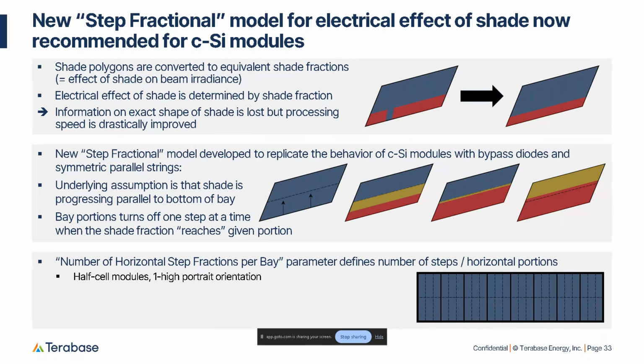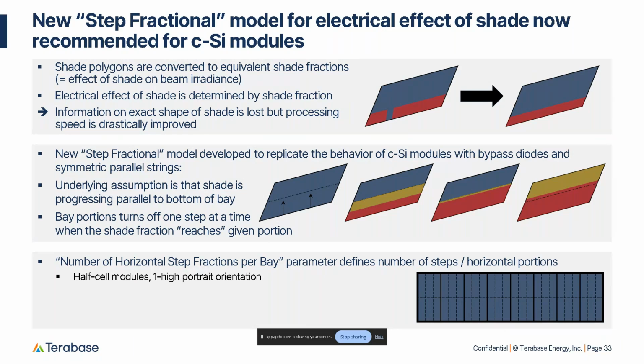And then this new model, which is developed to replicate the behavior of crystalline silicon modules with bypass diodes, the underlying assumption is that the shade progresses from the bottom of the bay parallel to the bottom edge. And then bay portions are being turned off as we reach a certain shade fraction.